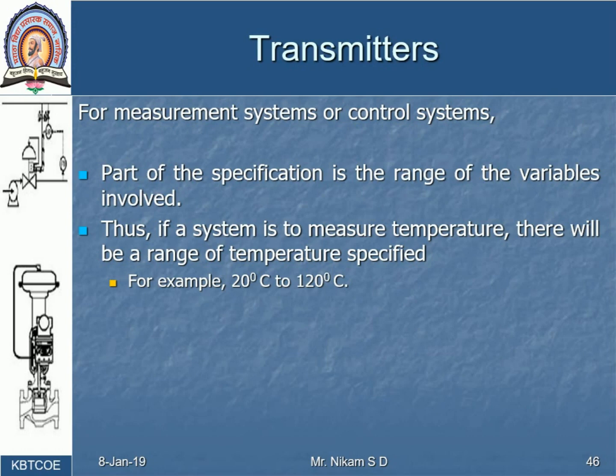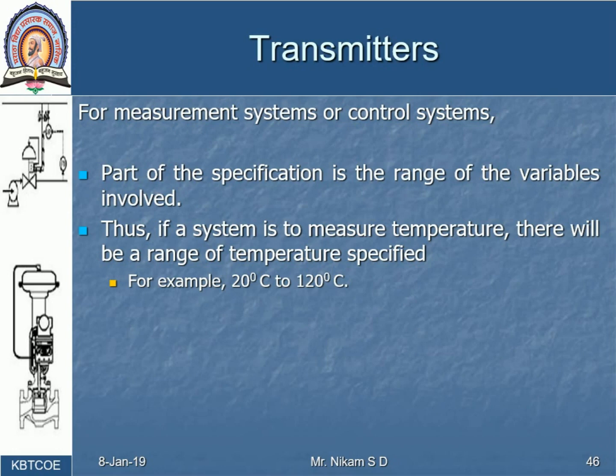At 10 degree centigrade, it is 103.9. When the temperature increases by 1 degree centigrade, the resistance increases by 0.39 ohm, it gets added, correct? Then 20, 30, 40, for every temperature we are having some resistance. That resistance you have to maintain, but that resistance we are not going to transfer to the control room.